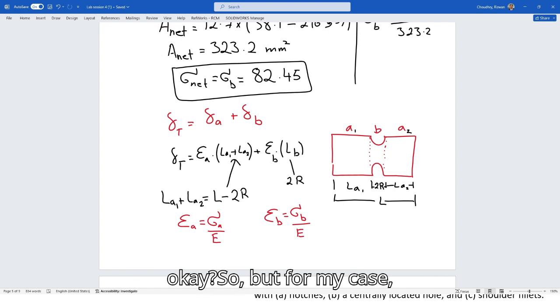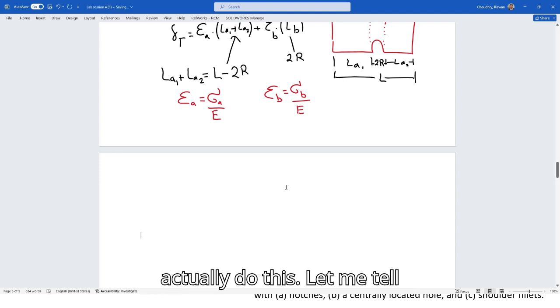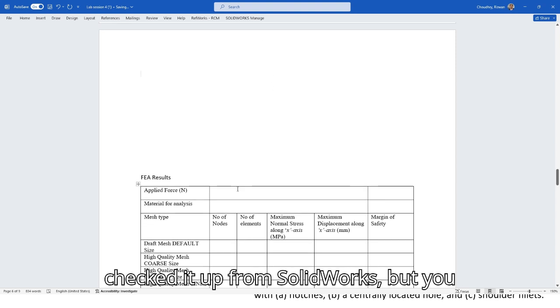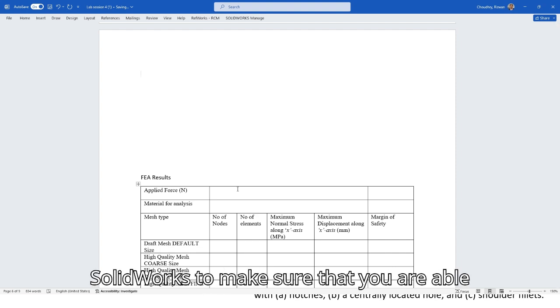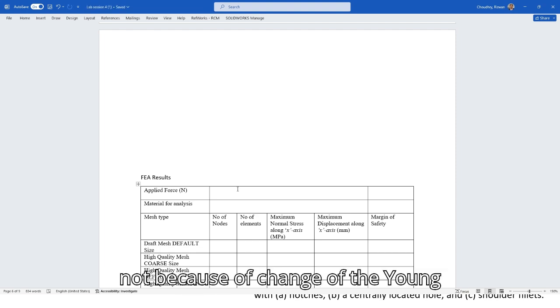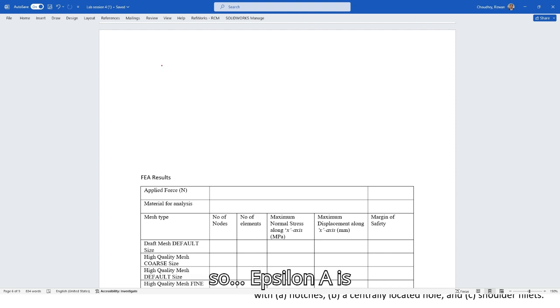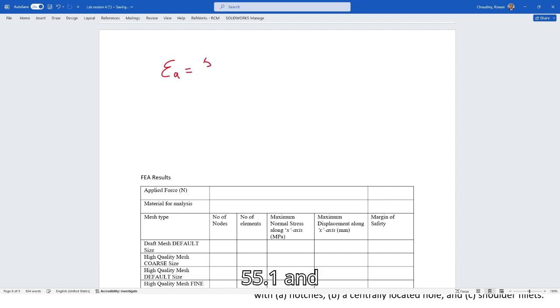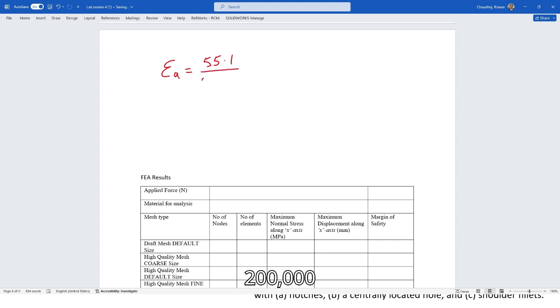But for continuity, let me tell you what the number is, because I already know it; I have checked it from SolidWorks. You need to keep the same value as used in SolidWorks to make sure you are able to compare the results, and that it's not because of a change in Young modulus that you get any difference. So epsilon A is equal to the stress in region A, 55.1, divided by the Young modulus of my steel, 200,000 megapascals.